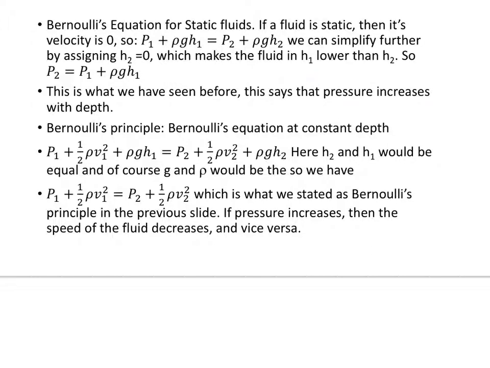And so therefore, when we have this equation, what this tells us is that P2 is equal to P1 plus the density times g times H1, which is exactly what we have seen before in the previous video, which said that as the depth of the liquid increases, the pressure increases. Okay, so it's telling us, reducing down to something that we've seen before.